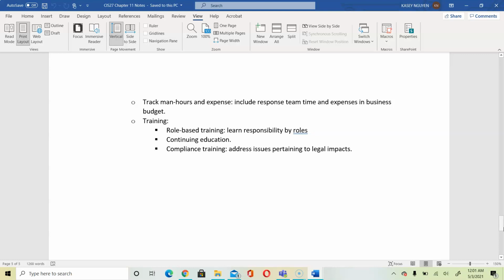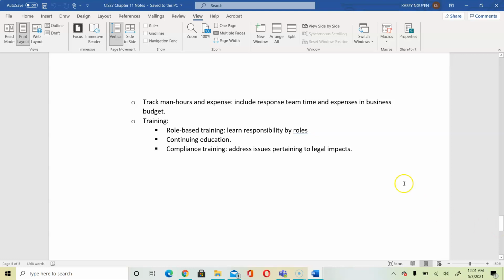Overall, security can benefit so much from training, and we would train all the people, especially in incident response, based on the role, and they would learn the responsibility based on their role in the organization. So in an incident, the responder would then fulfill the responsibility based on the training that he, she, or they received.